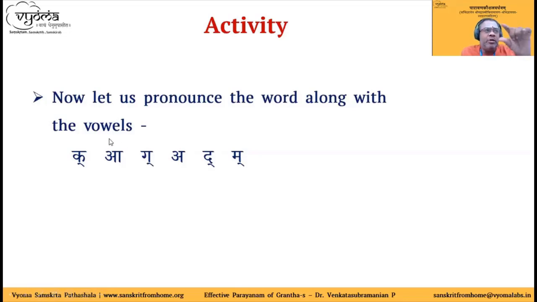So the independent sounds called swaras have to join with vyanjanas to produce a sound called vyanjana varna, vyanjana akshara. So kagadam can be produced only when k and a, g, a, d, ma, all these sounds join together.